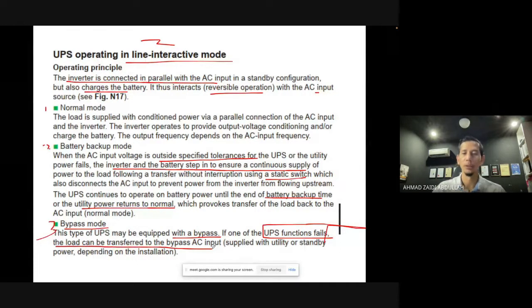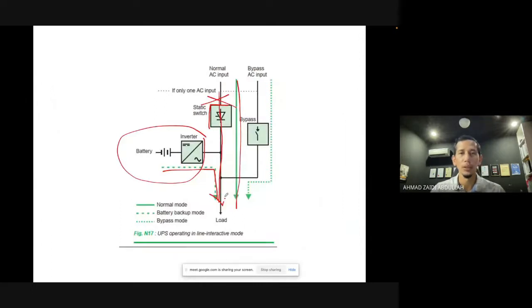How is that? Because it said that it is parallel with the inverter, and then the static switch is connected directly in one way from the normal load. So say this UPS is broken, then the normal supply also cannot reach, because we connected directly.